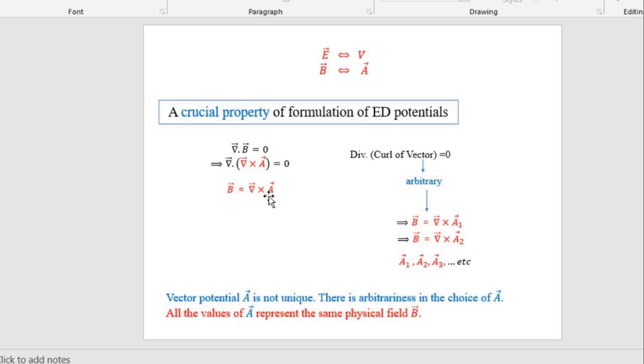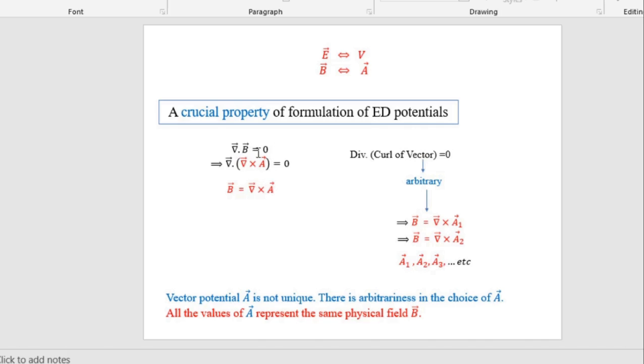That means we can write B is equal to curl of A as well as B is equal to curl of A1, A2, A3, etc. Now all these equations, whether B is equal to curl of A or curl of A1 or A2, etc., are related to the same equation, divergence of B is equal to 0.